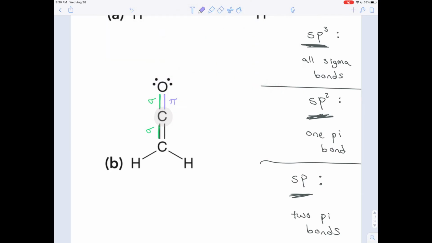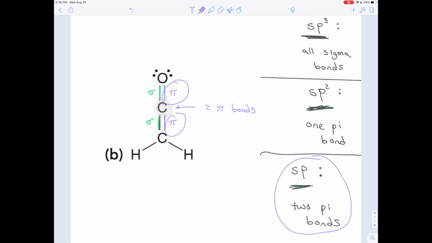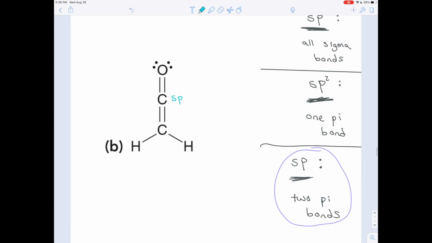Every bond after the first bond you form between two atoms is a pi bond. So if we're looking at this carbon right here, that has 2 pi bonds around it. And if you have 2 pi bonds on a carbon, the carbon is going to be sp hybridized. So that carbon is sp hybridized.